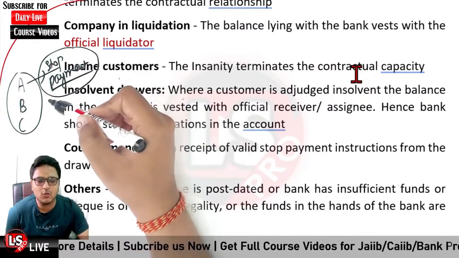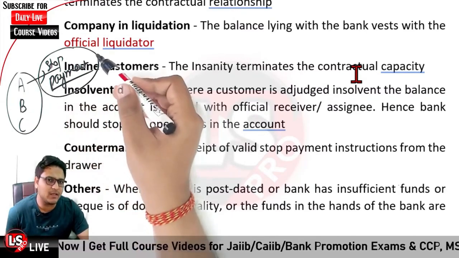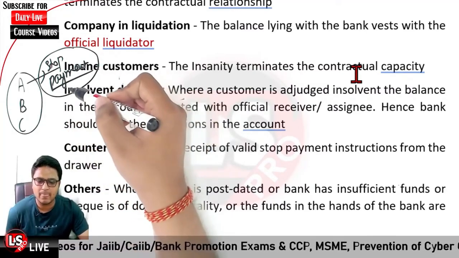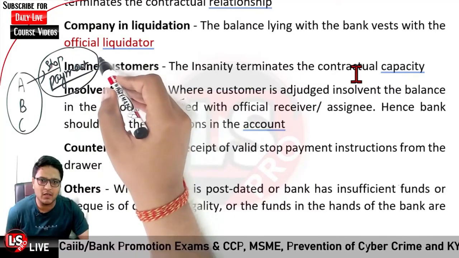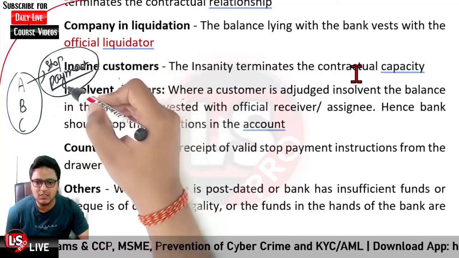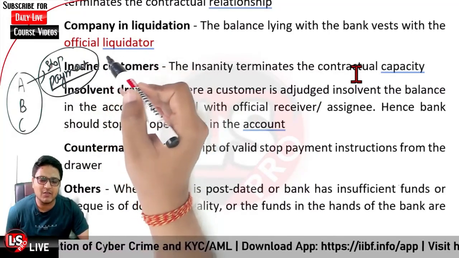Now, if they want to reinstate the status of the check, meaning they want the check to be payable again after the stop payment instructions by an individual person, is it possible to reinstate the status of the check?